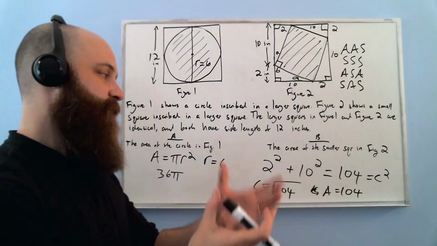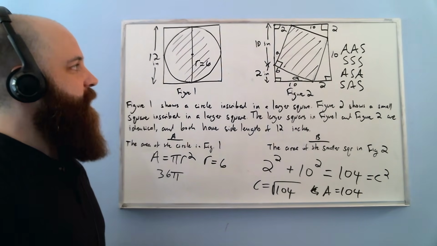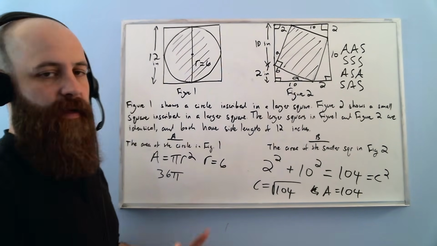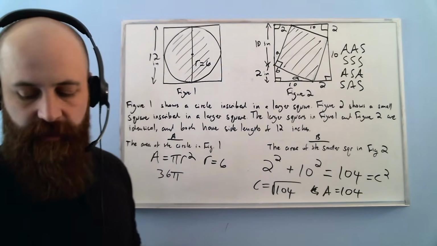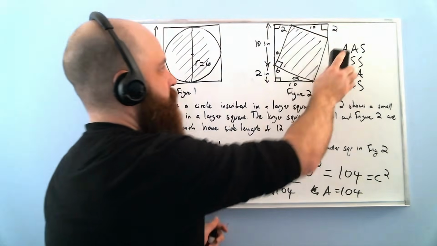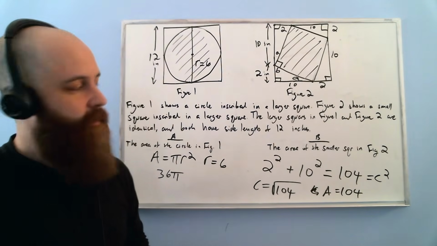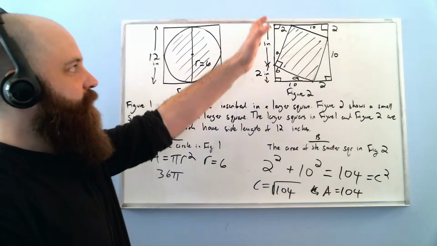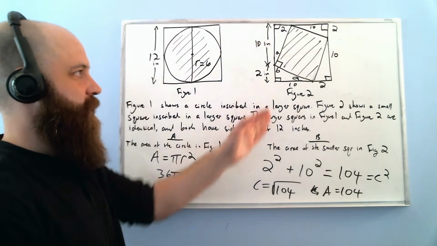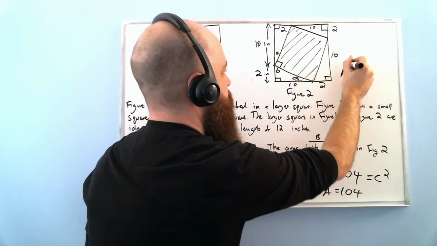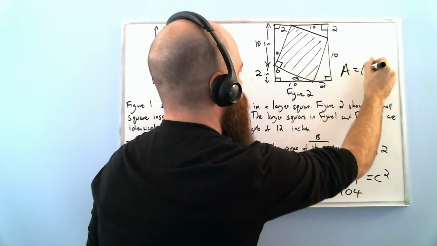Okay, now might as well just calculate it the other way I mentioned. At this point I'm probably good to go, but just in case you're interested, you could also find the shaded area by doing the area of the whole figure minus the unshaded. Well, the whole figure is a square with a side length of 12, so the area of the big square is 144.